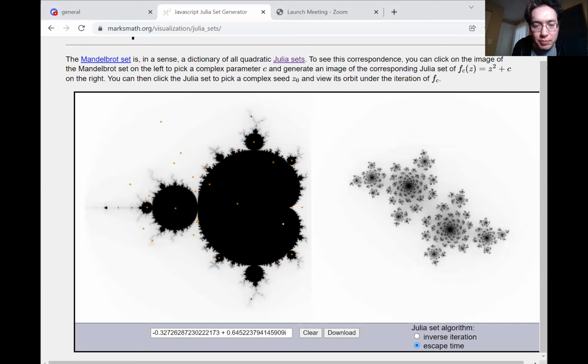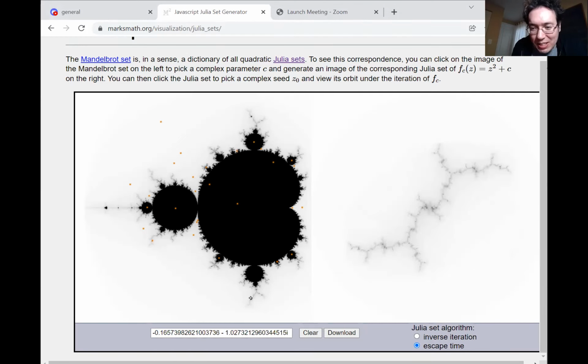And if you click on some points where you're barely on the Mandelbrot set, it looks like lightning. If you click slightly off, then it's all disconnected. If you click it right, then you have some connected ones. These are all connected.